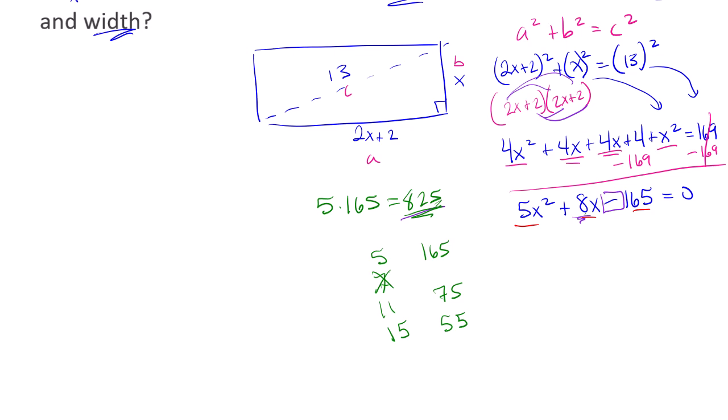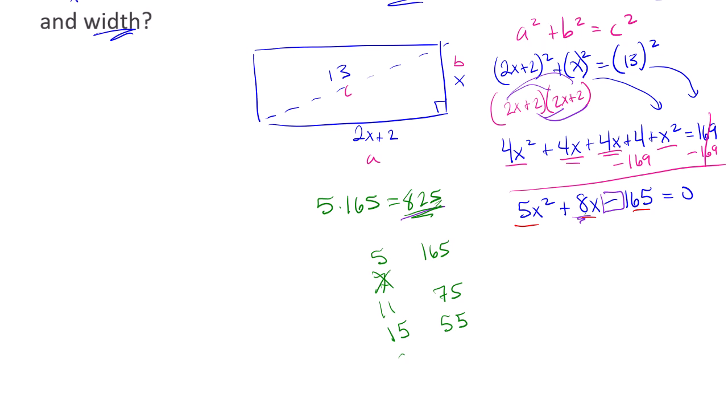16 is not going to work. 17, nope, that's a decimal. 18's even, so that's not going to work. 19 is not going to work. 20 is not going to work. Let's try 21. No, that won't work.